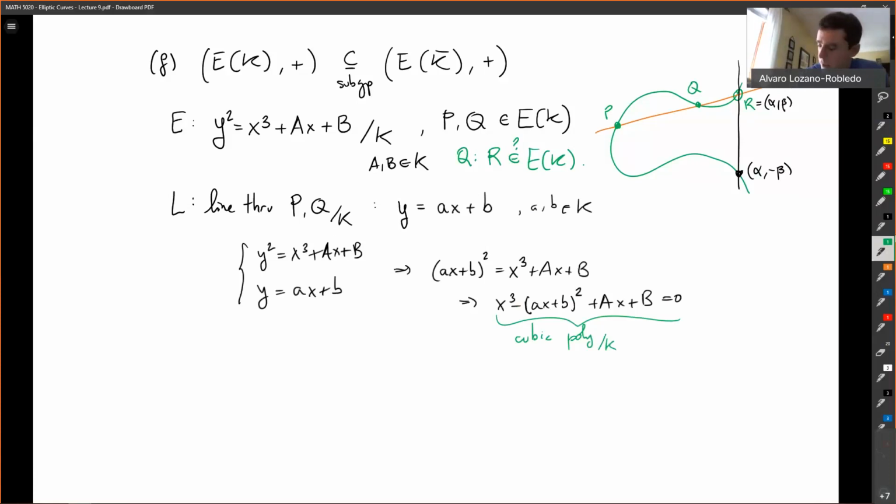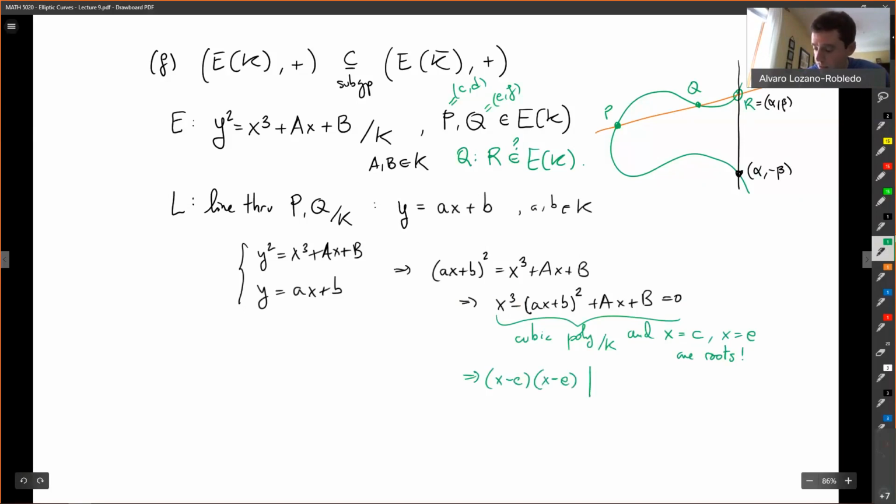So if P is, let's say, (c, d), and this is (e, f), then we know that x equals c and x equals e are roots, because definitely P and Q are in the intersection of the line and the cubic. Then that tells you that x minus c times x minus e divides my polynomial.